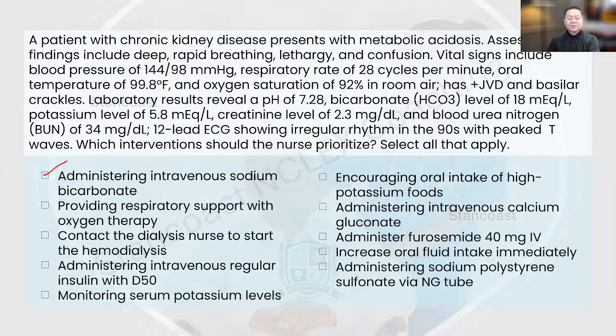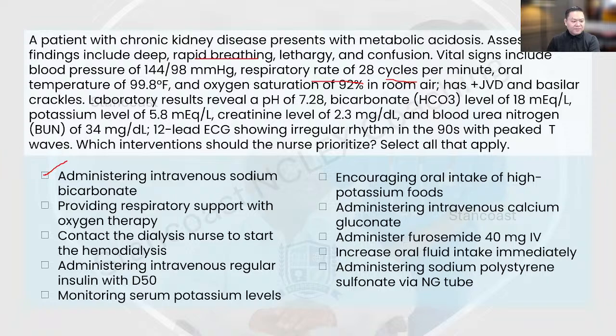That is why we have a lethargic patient. You have assessed that the patient has Kussmaul respirations, right? They have a rapid respiratory rate of 28 cycles per minute, okay? And so they have rapid breathing. That's already a sign. That is the Kussmaul respiration. Now, we can give that sodium bicarb. That's one of the interventions.